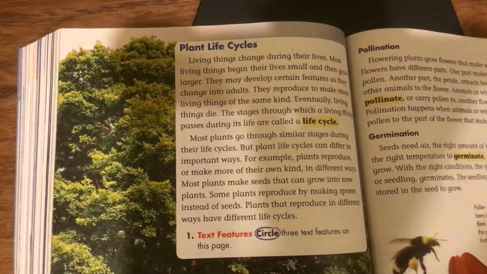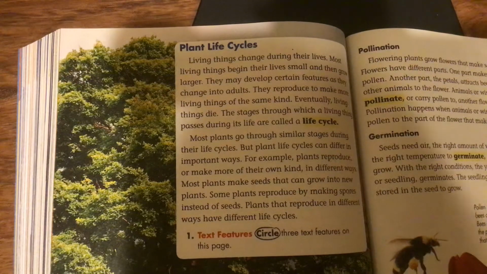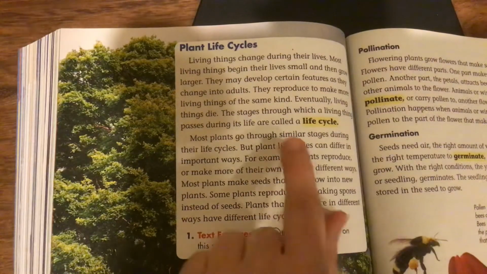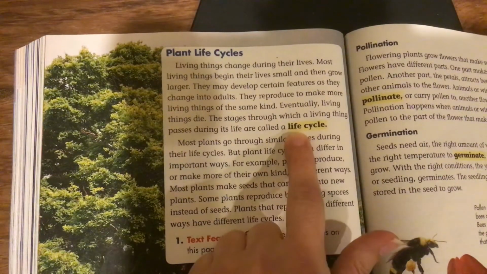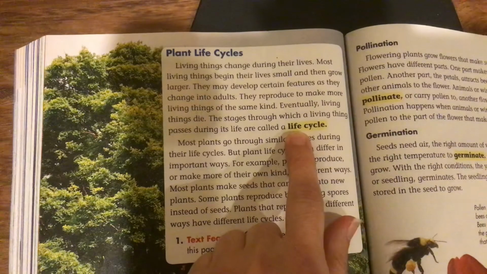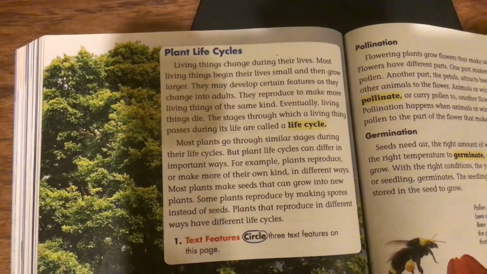Eventually, living things die. The stages through which a living thing passes during its life are called a life cycle. That's the most important thing on this page, that definition. The stages through which a living thing passes during its life are called a life cycle.